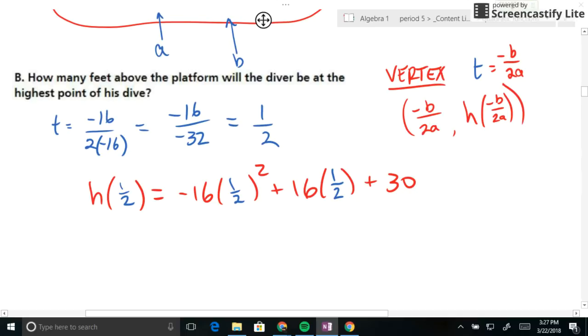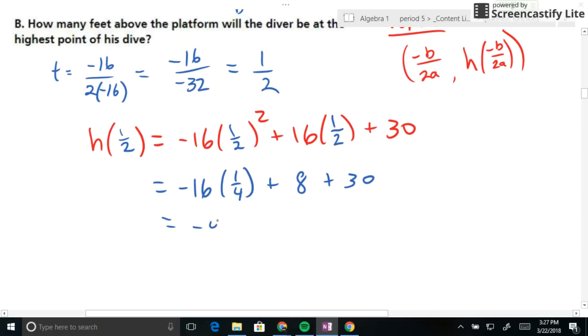So negative 16 times 1/2 squared is negative 16 times 1/4. Plus 16 times 1/2 is 8. Plus 30. 1/4 of negative 16 is negative 4. Plus 8 plus 30. So when we do that math, we get h of 1/2 equals 34. So after 1/2 of a second, the height of the diver is going to be 34 feet.